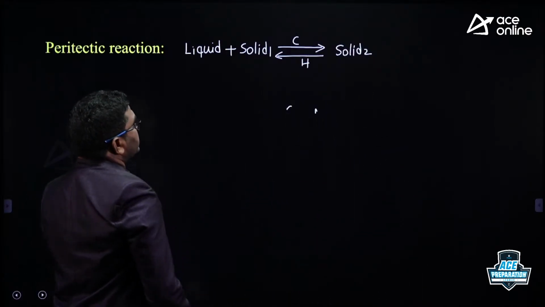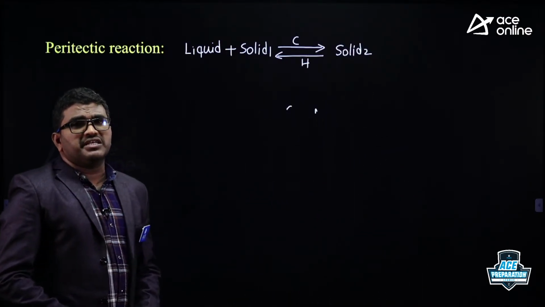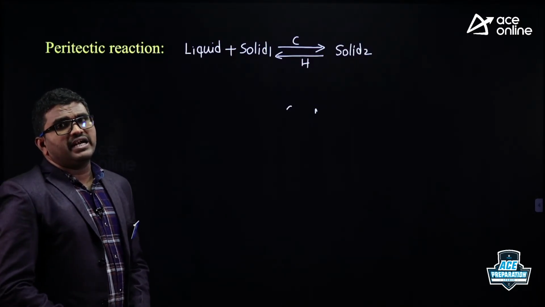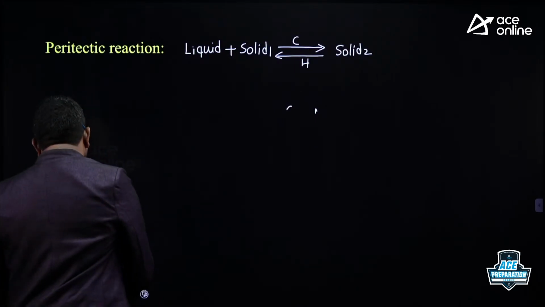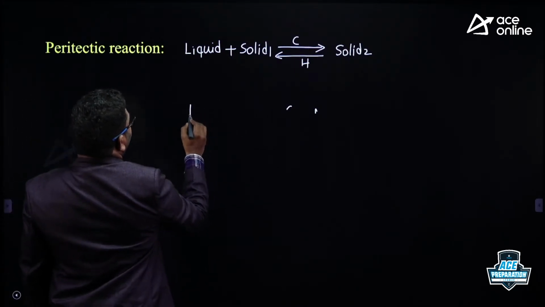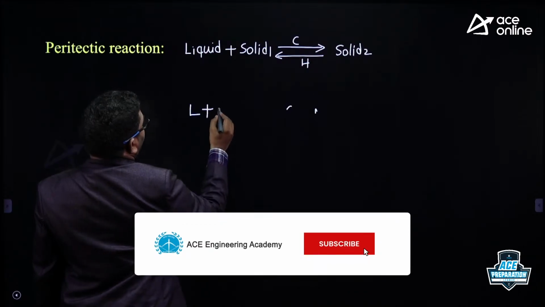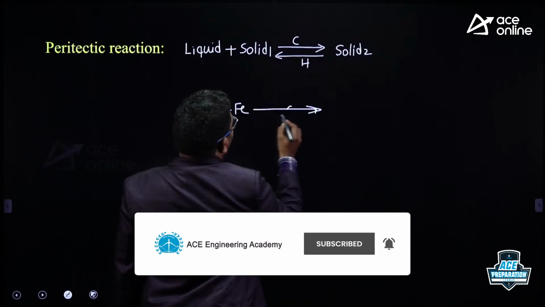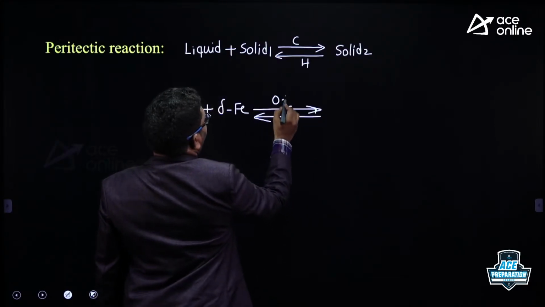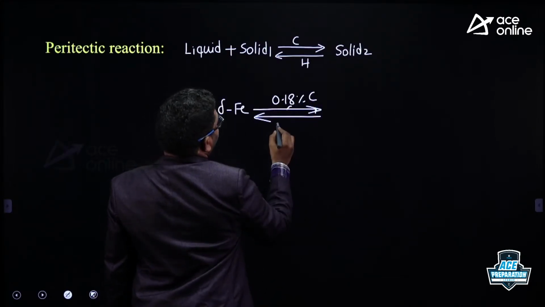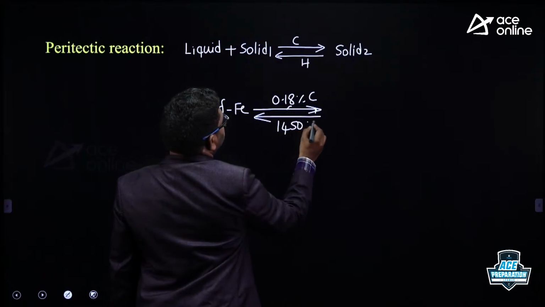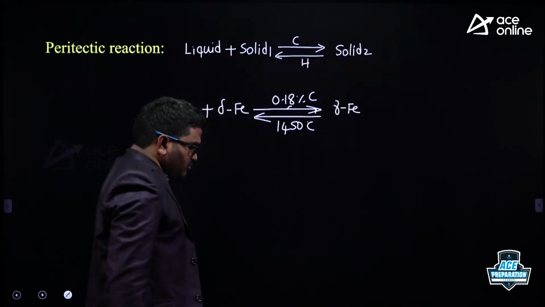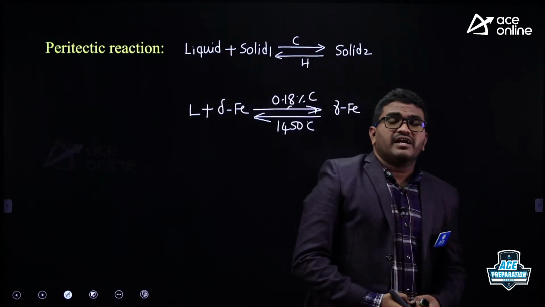This reaction takes place at a very high temperature, 1450 degrees Celsius, and at 0.18% of carbon. That is, liquid plus delta iron upon cooling at 0.18% of carbon and 1450 degrees Celsius transforms into a gamma iron, right. So this is the peritectic reaction.